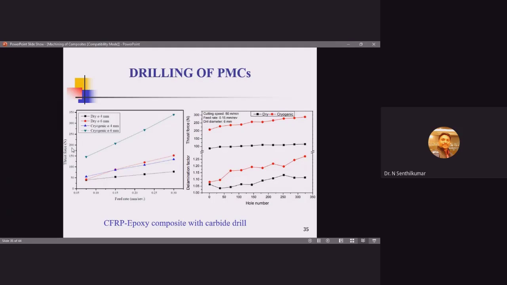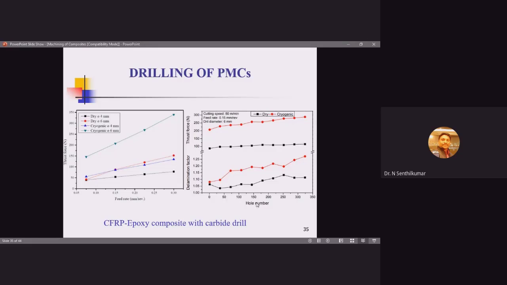Here you can see the thrust force. The thrust force is less for dry. With the 6 mm cryogenic, the thrust force required is higher, and it increases with increase in feed rate. Then this is the delamination factor.